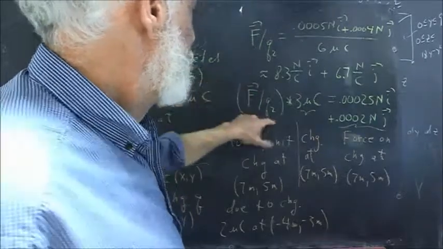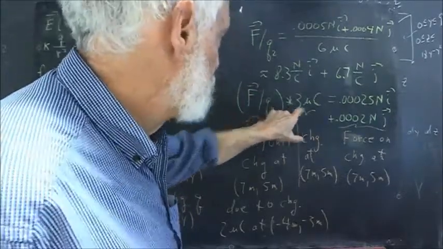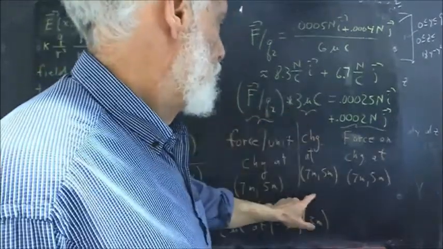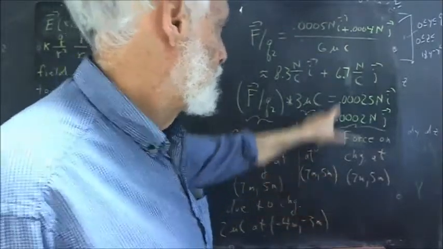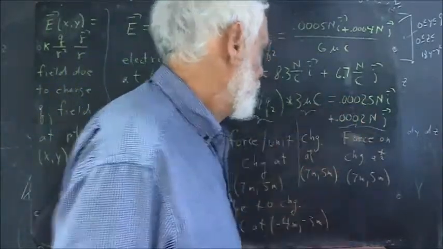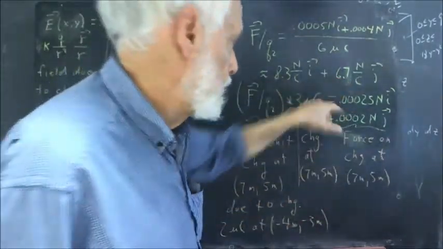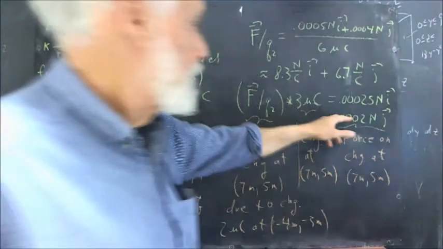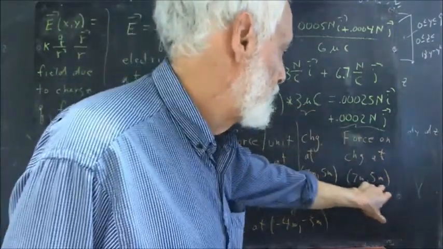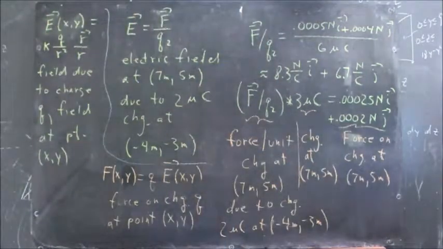Well, if we multiply F over Q2 by the 3 microcoulombs, which is the new charge we want to put at 7 meters, 5 meters, we get the same thing that we got before. And if we wanted to put a -3 microcoulombs here, we'd get a negative here and a negative here. So we get the force on the charge at the 7 meter, 5 meter position.